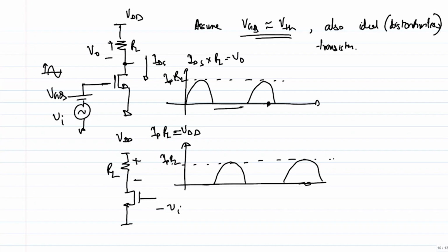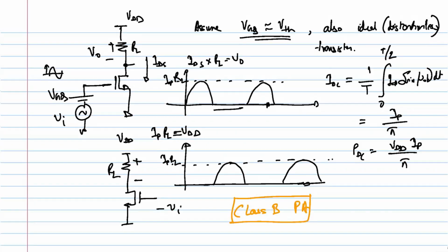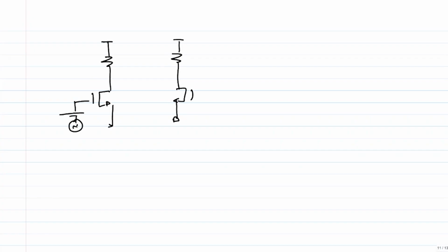So if I can subtract the top from the bottom, I get a full sinusoid with amplitude of IP times RL, right? Okay. So how do I get that? In principle, I have two halves, and I have to take the difference between them.